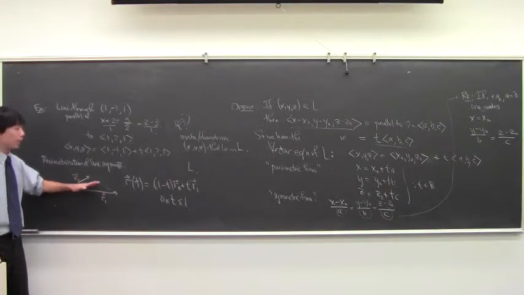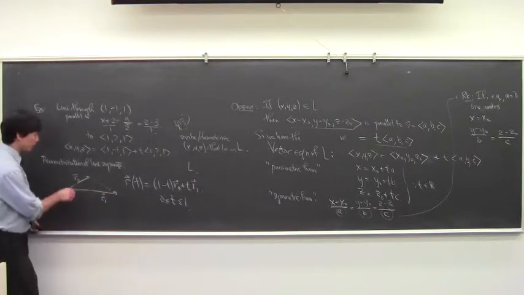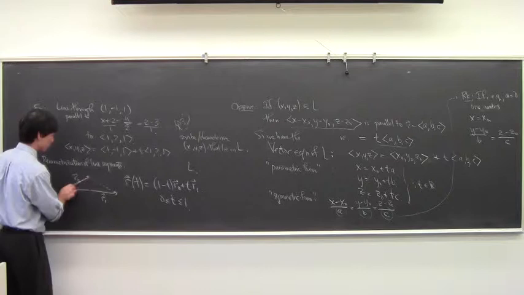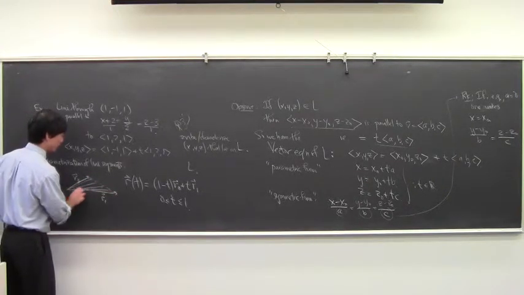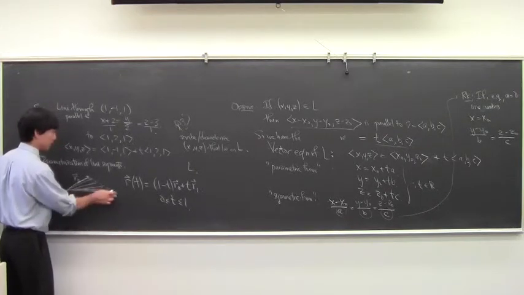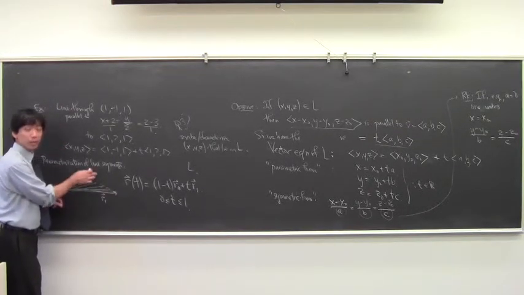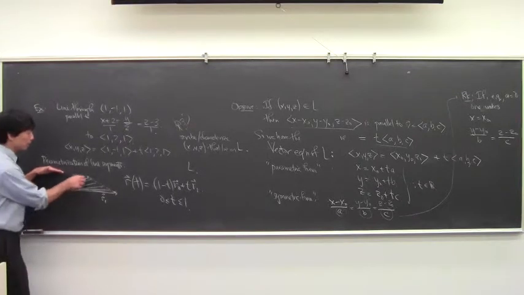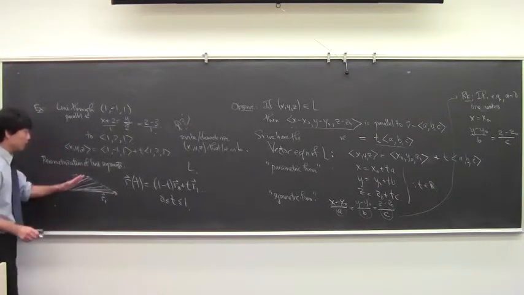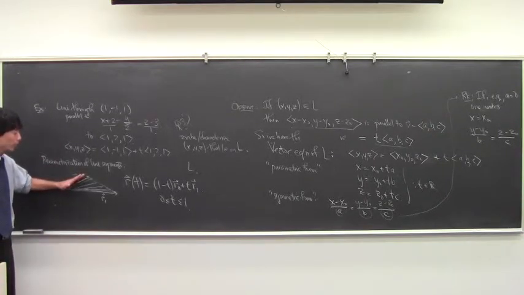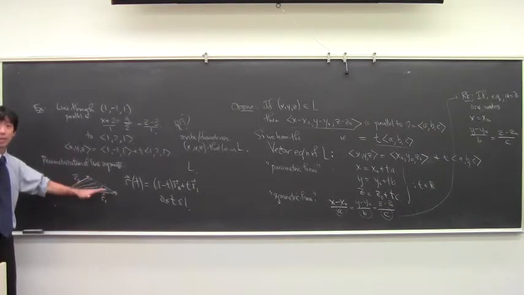And in between, it linearly morphs from one vector to the other. So it starts here, and as time goes on, it goes like this, and at the end of 1 second, it has ended up here. So this is a parameterization of the segment, or a way of morphing one vector into another vector in a linear fashion.